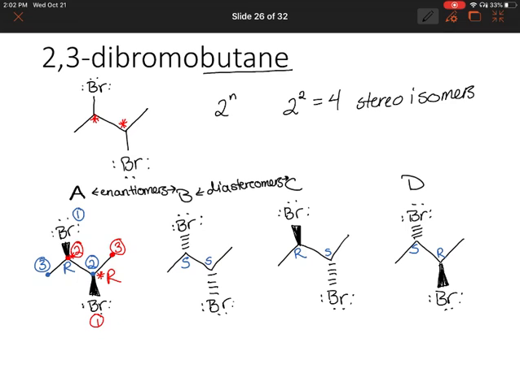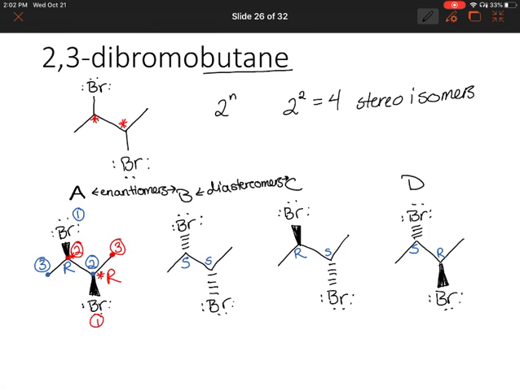And then what about C and D? What's the relationship between those? So we have RS for C and SR for D. So initially, we might assume that these are enantiomers, right?